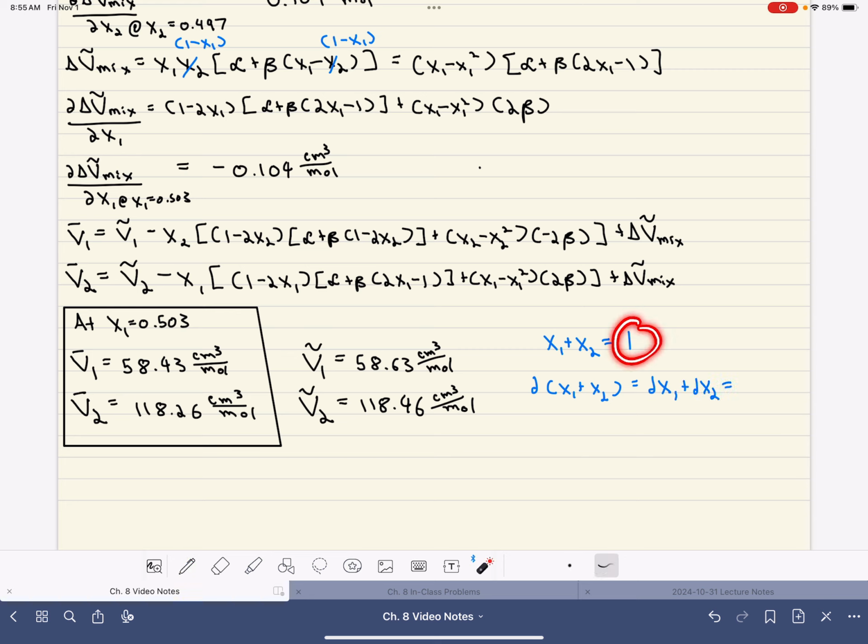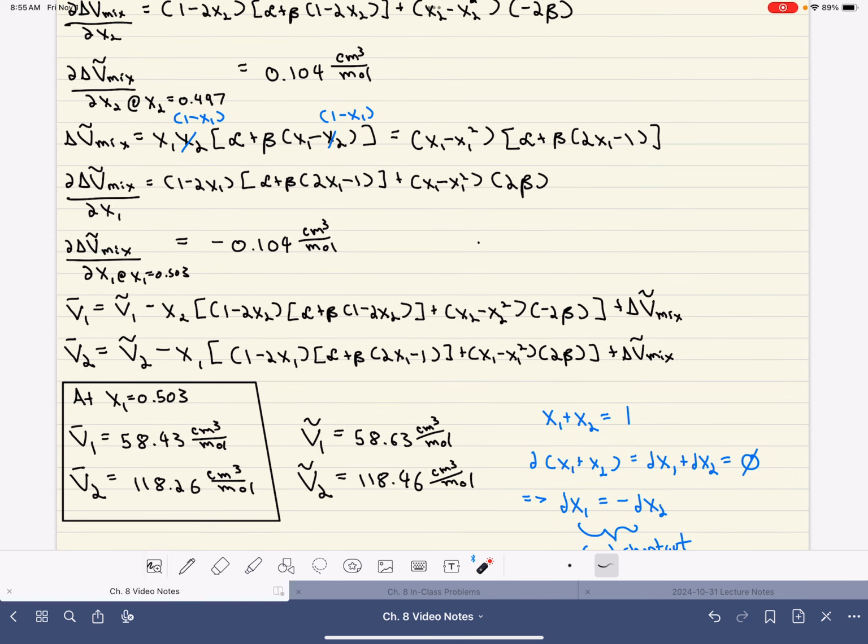And if you took the derivative of the number 1, that would give you 0. And so consequently, dx1 is equal to negative dx2. So this is just a good shortcut to remember.